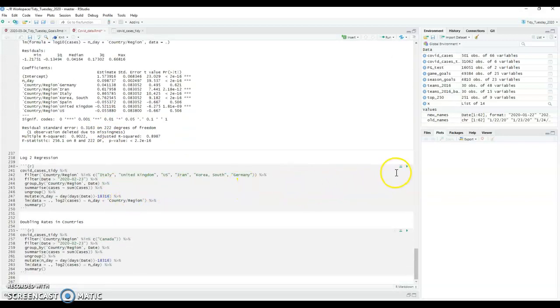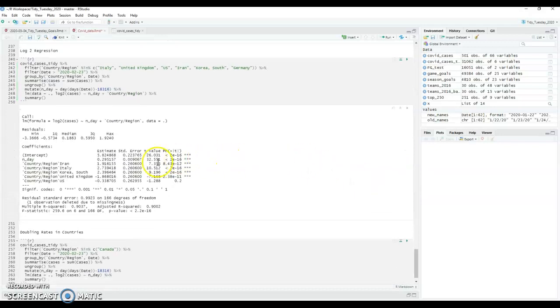Now let's take a look at some log-based 2 regressions. This is going to be the doubling time. I'm just going to go right to the end here, and we'll see. Now, look at what we've got here. This is a log base 2 model, so these are now doubling times. The base country, the one that's not in here, I've got Iran, Italy, UK, South Korea.